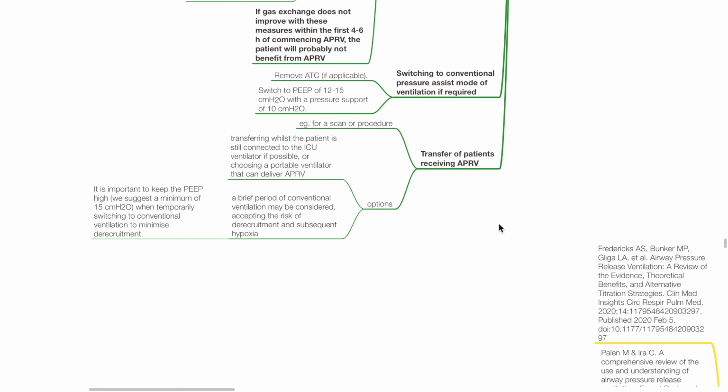Options include transferring while the patient is still connected to the ICU ventilator if possible, or choosing a portable ventilator that can deliver APRV. A brief period of conventional ventilation may be considered, accepting the risk of de-recruitment and subsequent hypoxia. It is important to keep PEEP high, for example, a minimum of 15 cm H2O, when temporarily switching to conventional ventilation to minimize lung de-recruitment.